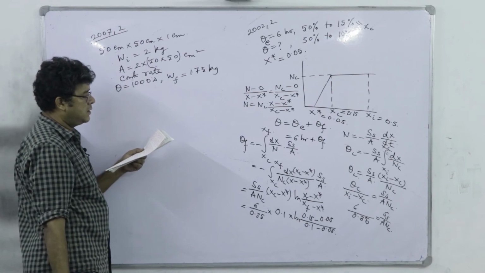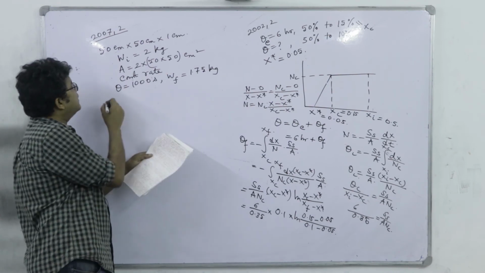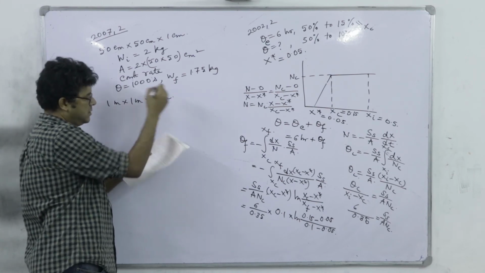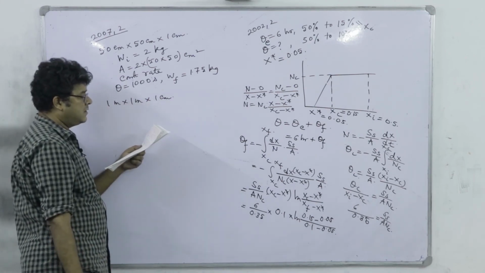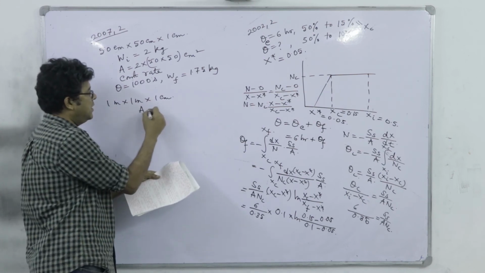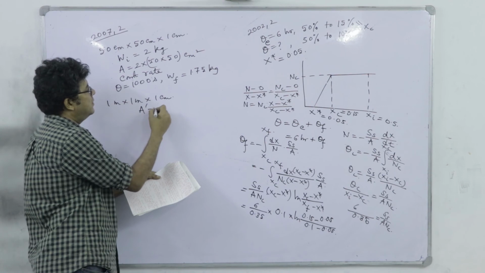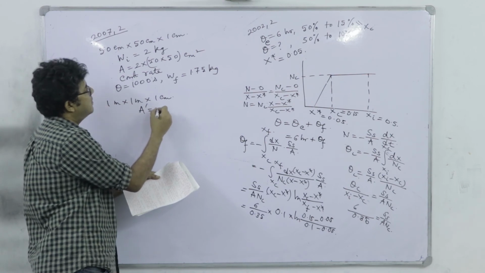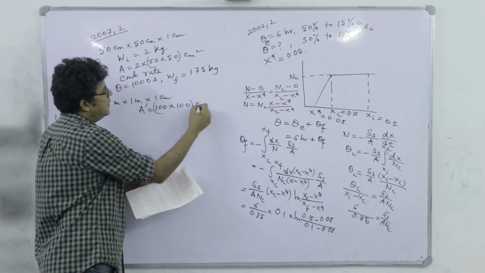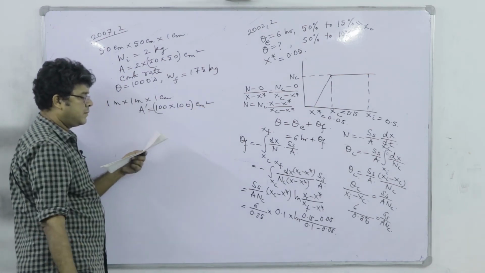Right? So next question, another 1 meter into 1 meter into 1 centimeter flat sheet of the same material is to be dried on one side only. So here A prime is this 100 into 100 centimeter square.